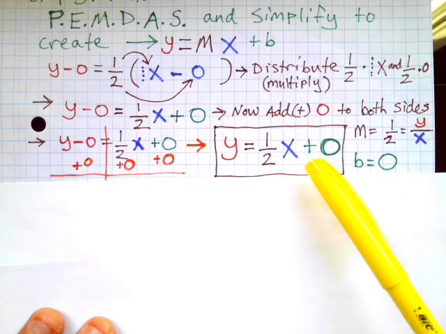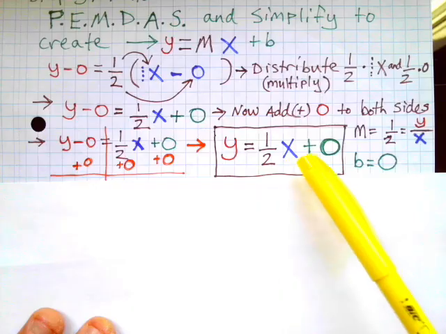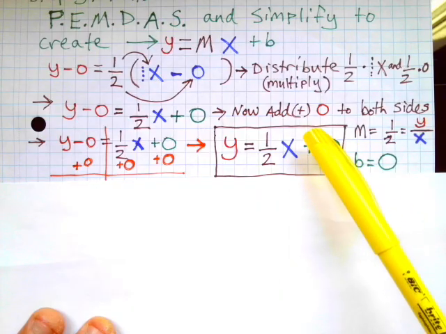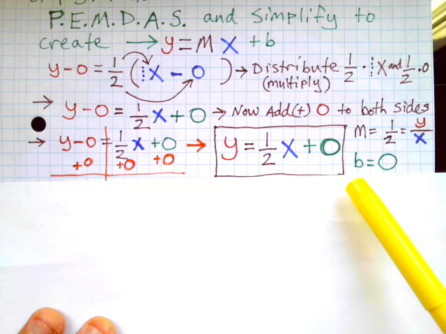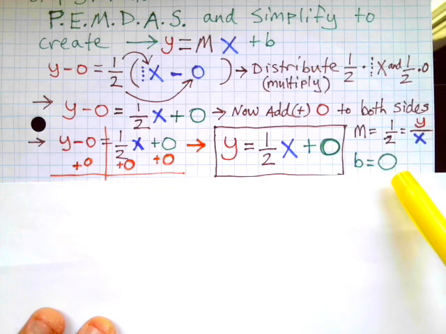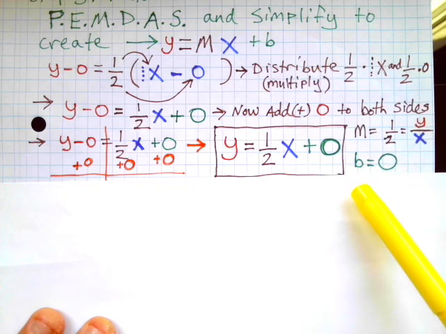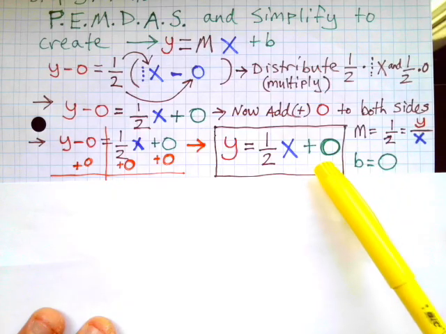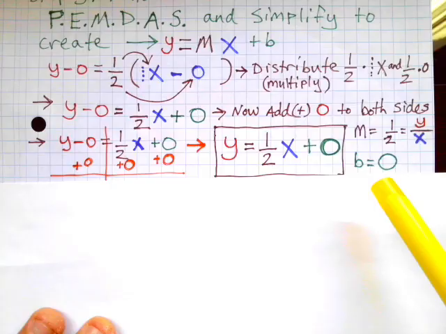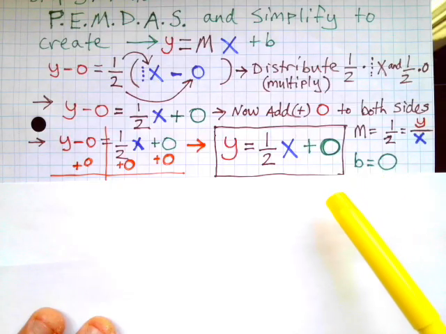But the b value, y equals mx plus b, the b value right here is 0. So if b equals 0 and x is always 0 in my y-intercept, and my y is 0, where is this line going to go through? This line is going to go directly through 0, 0, the origin.